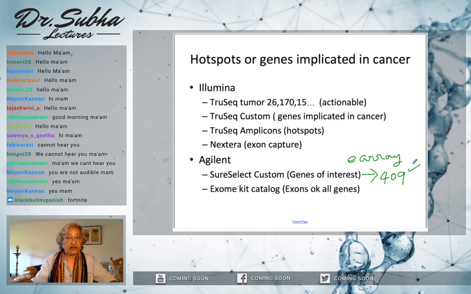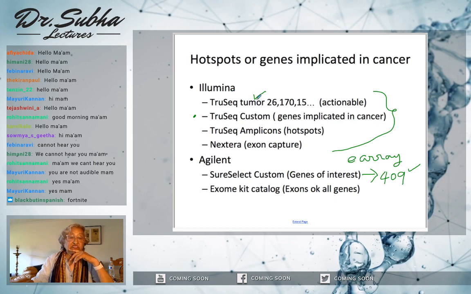In Illumina, they have gone a little further. They have something called TruSeq Tumor. TruSeq Custom they also have, which I have not used, but it is probably very similar to Sure Select Custom. Let's think about TruSeq Tumor.